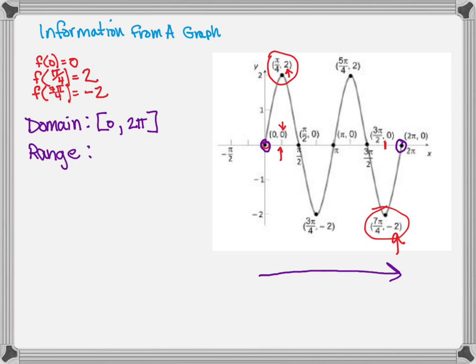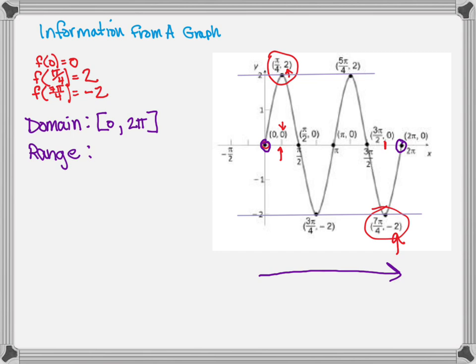Let's identify our range. So we need to look at the y values. We need to find the lowest point and the highest point on this graph. So the lowest points are down here, these 2 points, 3 pi over 4 comma negative 2, 7 pi over 4 comma negative 2. Our highest points are up here at y value of positive 2.